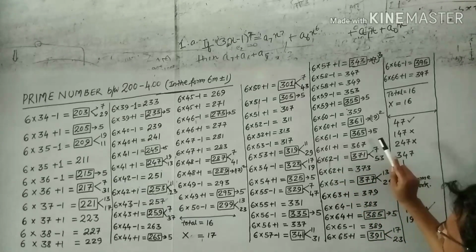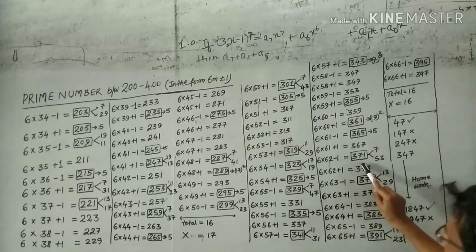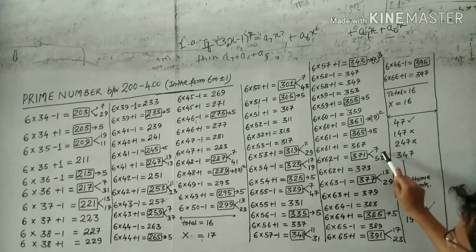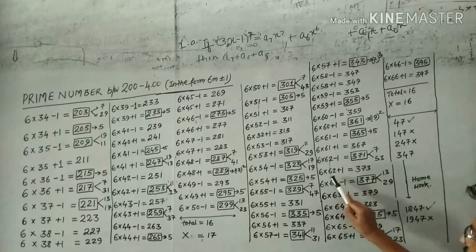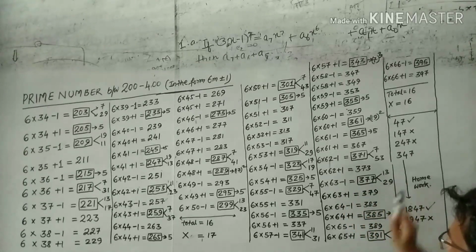It is a prime number. 6 into 62 minus 1, 371, having factors 7 and 53, so it is not a prime number. 6 into 62 plus 1, 373. It is a prime number.